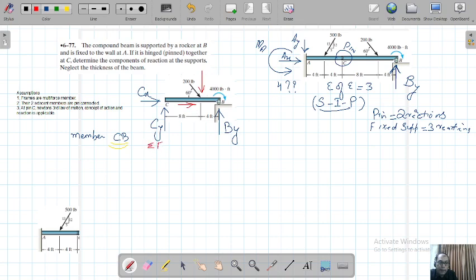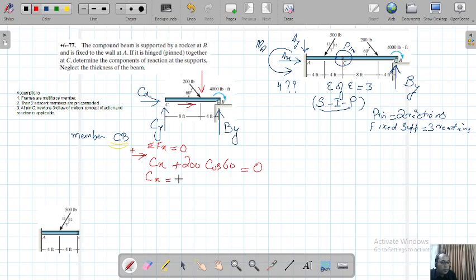Sigma Fx equal to 0. If we apply sigma Fx equal to 0, we will get Cx plus 200 cos of 60 is equal to 0, and from here we get our Cx equals, how much?